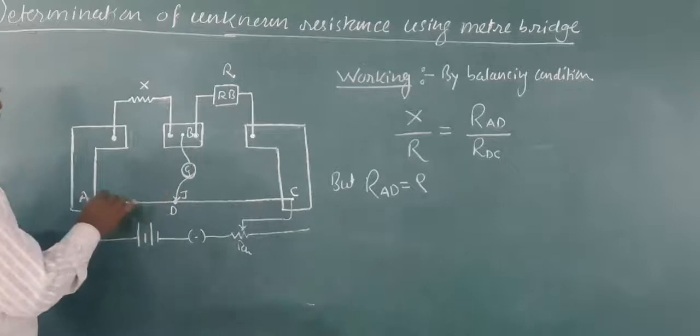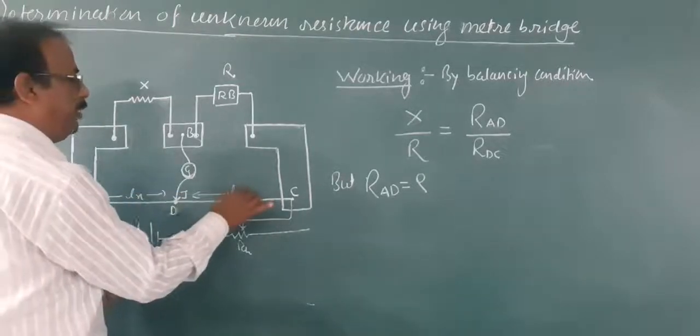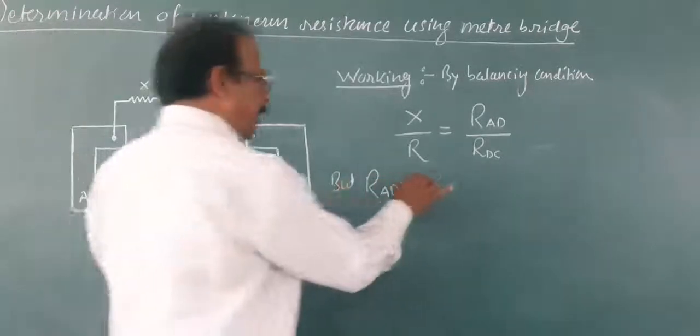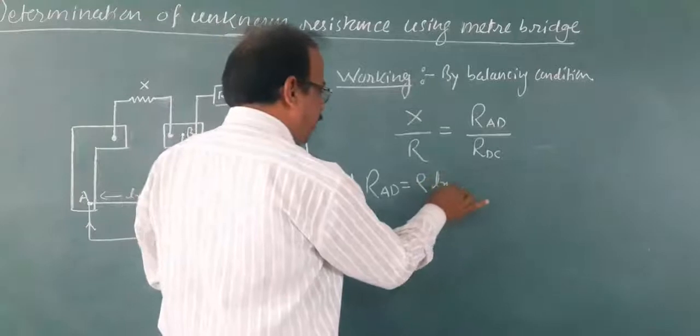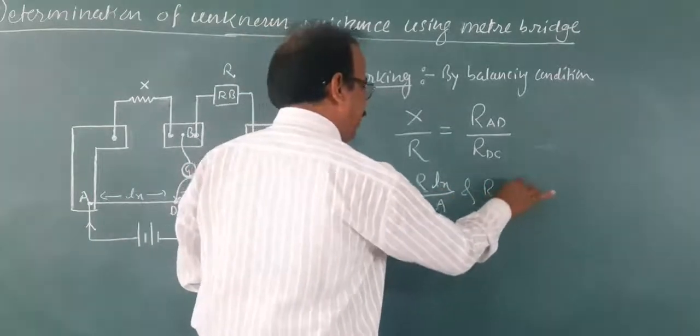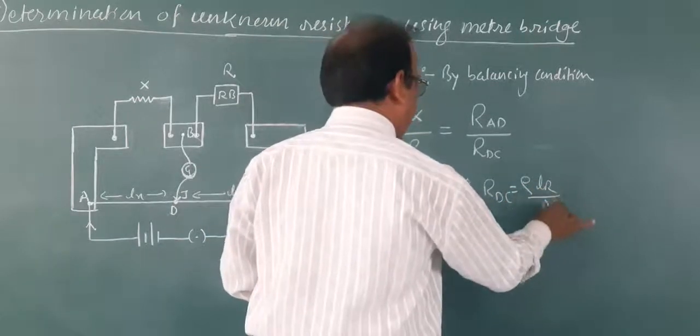If this length is Lx and this length is Lr, then RAD we can write rho times Lx upon A, and RDC we can write rho times Lr upon A.